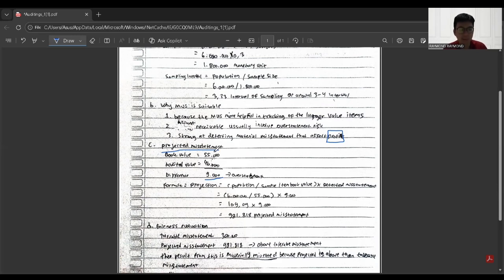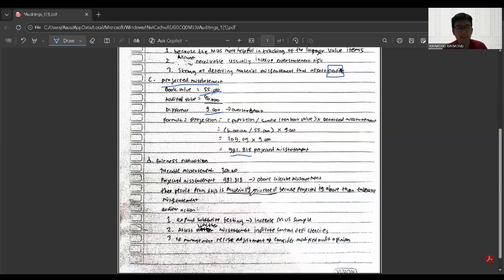The formula of projected misstatement is population divided by the sample item book value, times the detected misstatement. 6 million comes from total accounts receivable, divided by 55,000 from the book value, times 9,000, the difference from the overstatement. That equals 109.09 times 9,000, which equals 981,818. This is the projected misstatement.